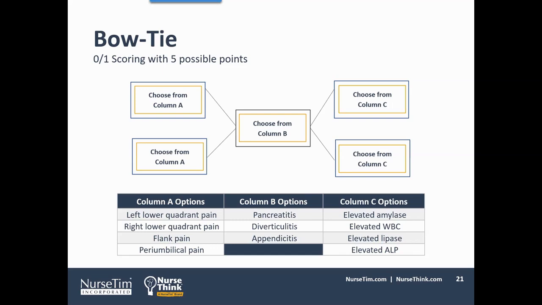There's 5 possible points. So a student would have to make all 5 correct choices for each of these boxes in order to get this correct. And they're going to choose from different columns that provide information. So for example, Column A on the left-hand side has to do with the assessment findings. Column B has to do with the medical diagnosis.